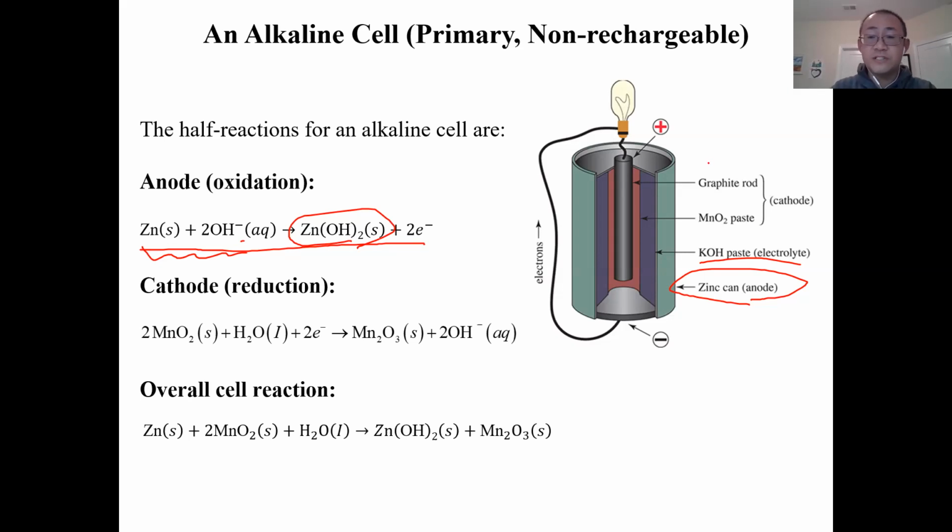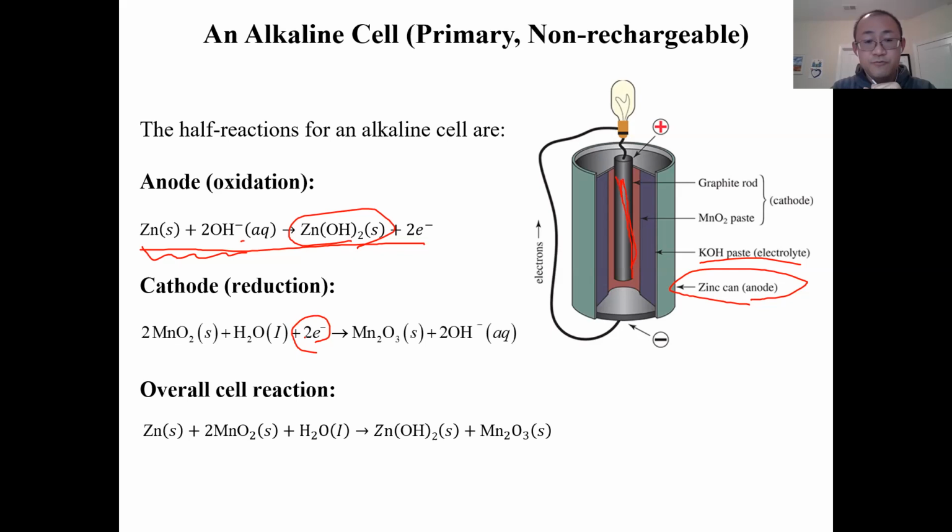Where the electrons are gained is the cathode of the battery, which is actually the graphite rod at the center of the battery. That's where the manganese 4 oxide receives those 2 electrons from zinc.